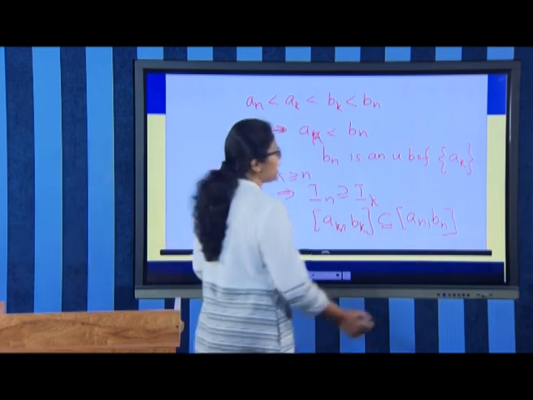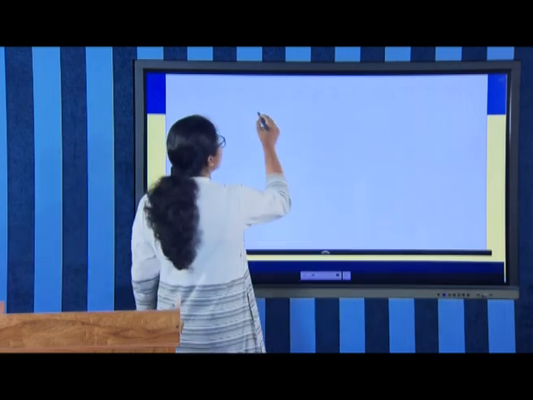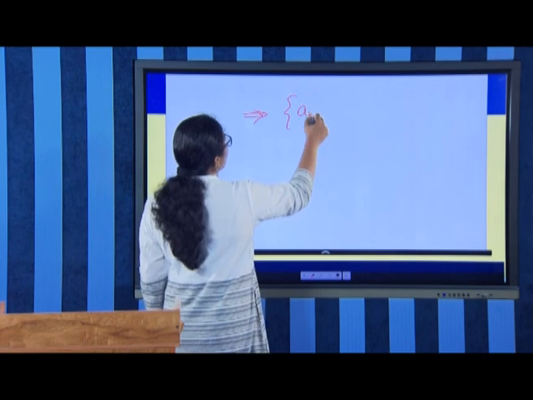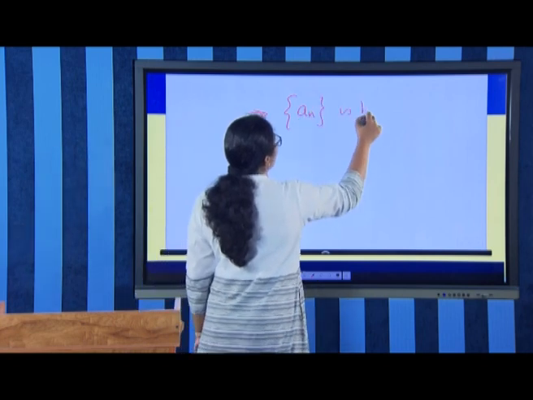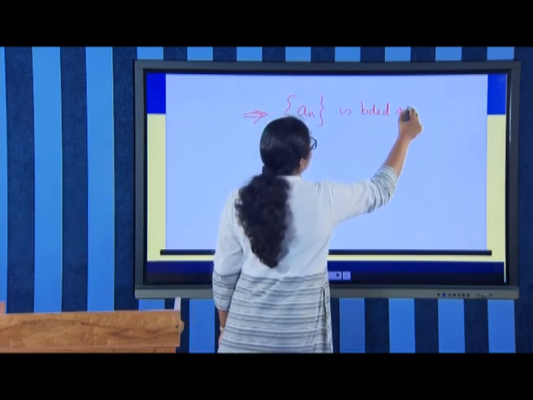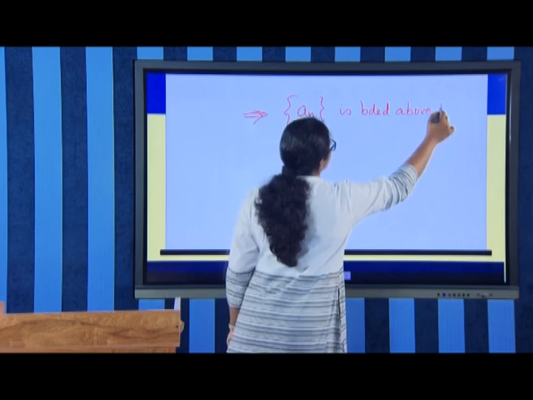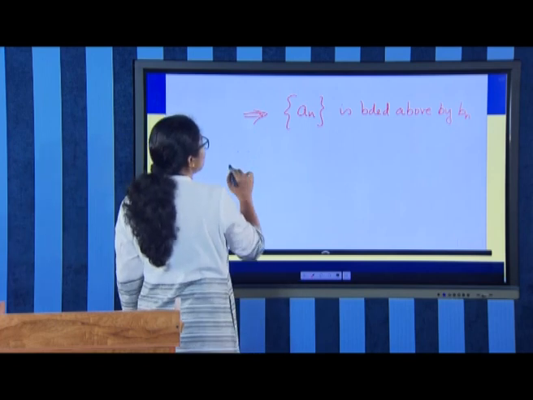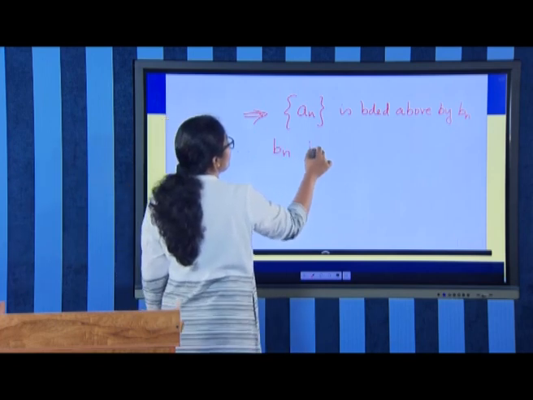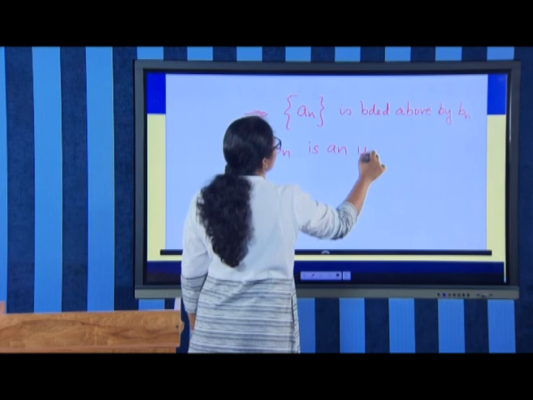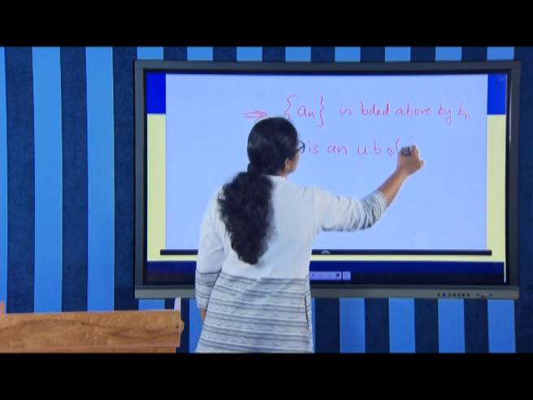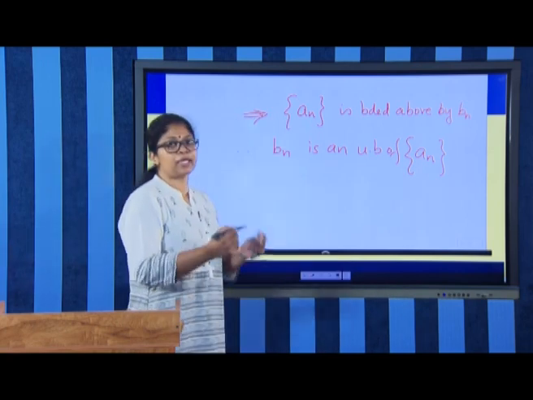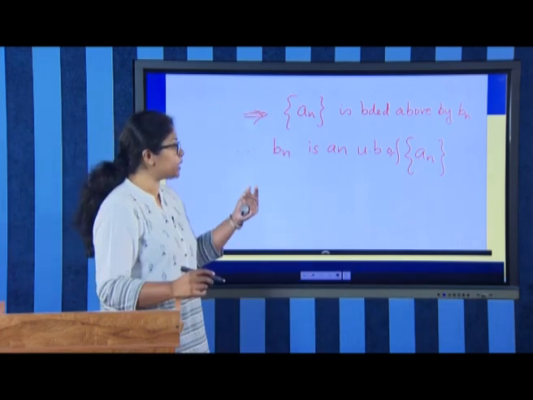So again this also shows that the set of all An is bounded above by Bn. Therefore, in both the cases, Bn is an upper bound of the set of all left endpoints An. Here An does not mean the endpoint of one particular interval.